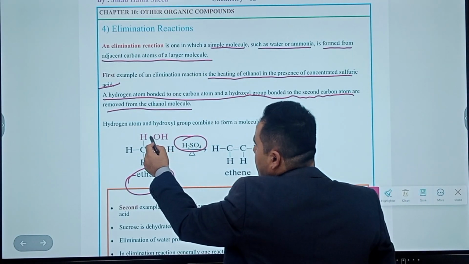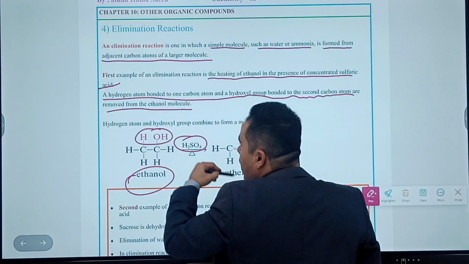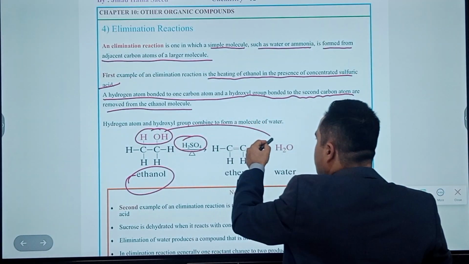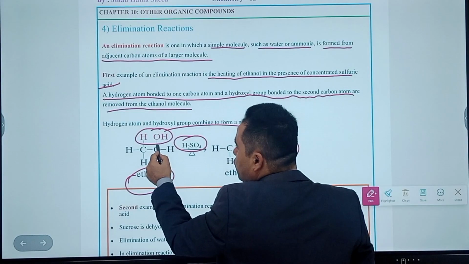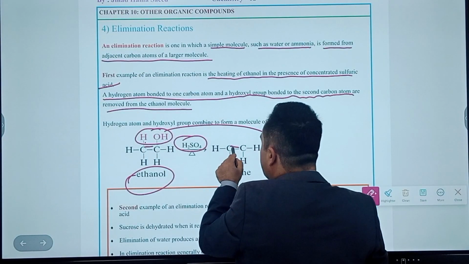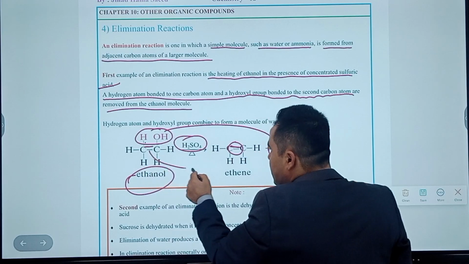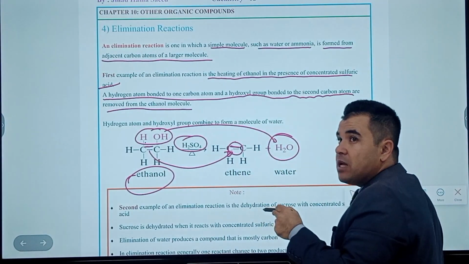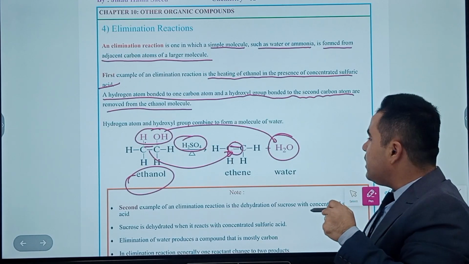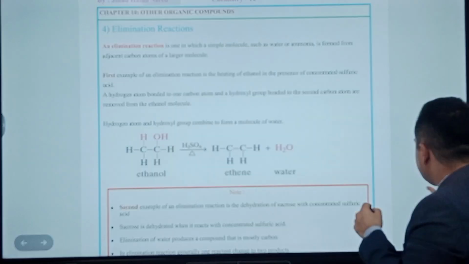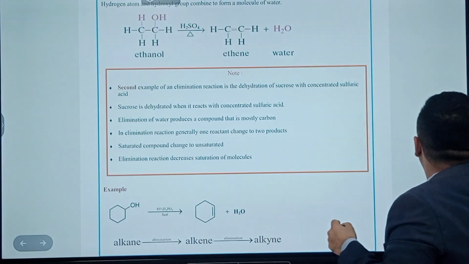The OH combines with the H to produce H2O, the water molecule, and then instead of removing these two bonds, it becomes a double bond. As you can see, a single bond becomes a double bond, so it reduces the saturation, and it becomes a more unsaturated substance.